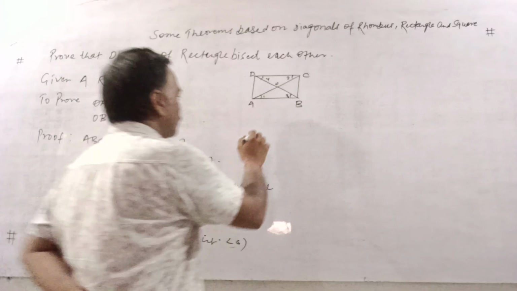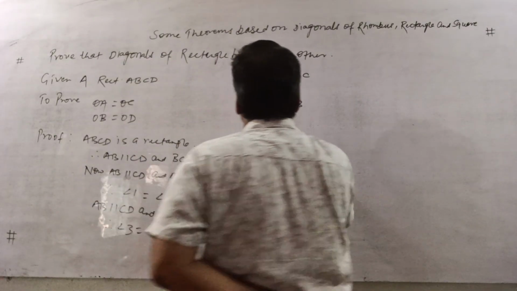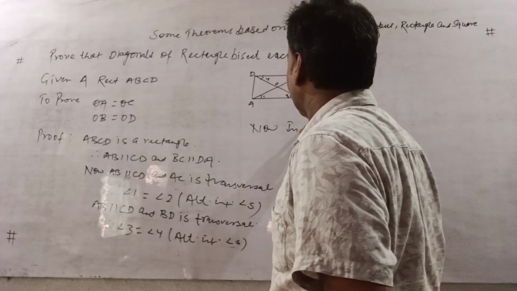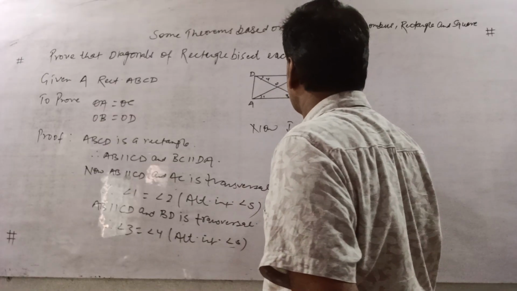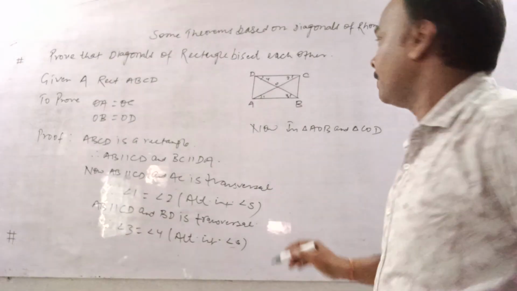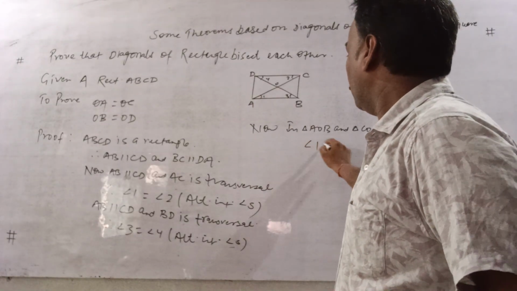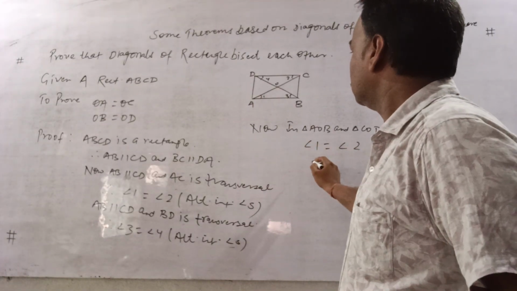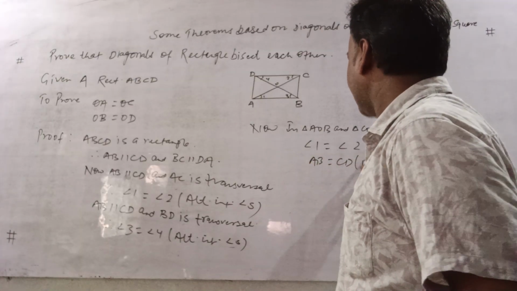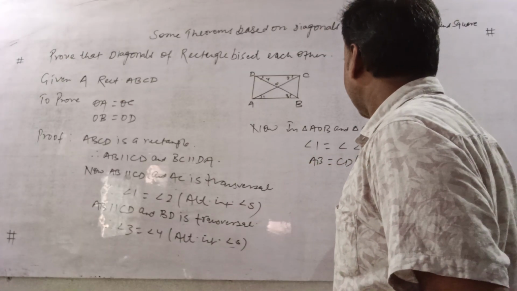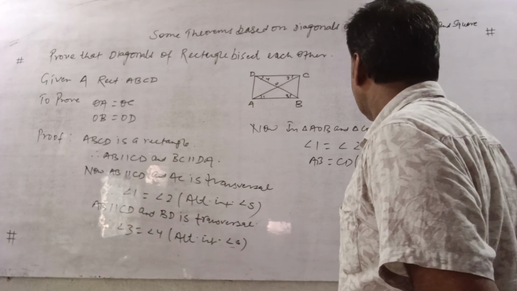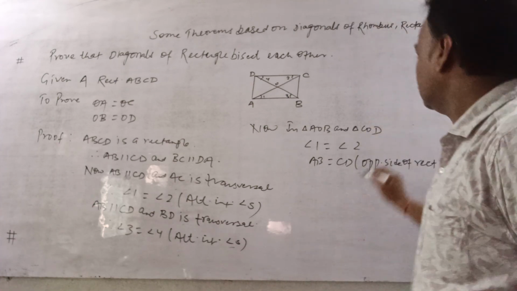Now in triangle AOB and triangle COD, angle 1 is equal to angle 2. AB is equal to CD, opposite sides of a rectangle.